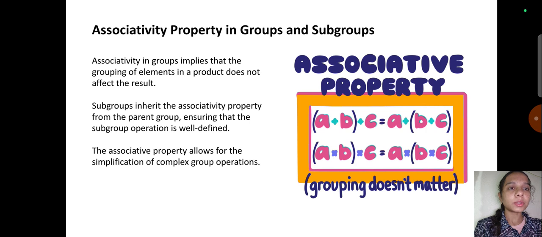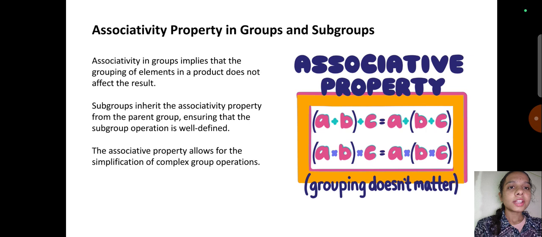And next, associativity property in groups and subgroups. Associativity in groups implies that the grouping of elements in a product does not affect the result. Subgroups inherit the associativity property from the parent group, ensuring that the subgroup operation is well defined.